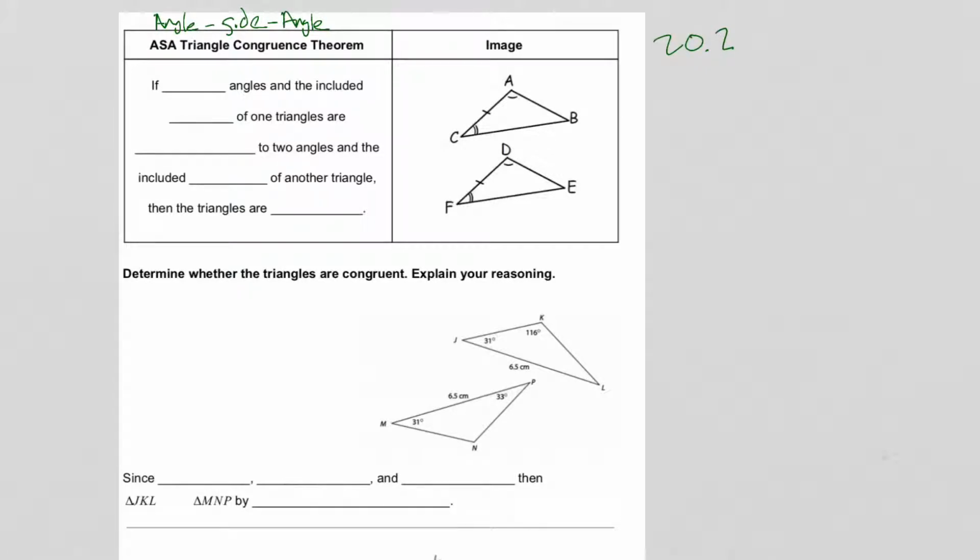And what that means is that if two angles and the included side of one triangle are congruent to two angles and the included side of another triangle, then the triangles are also congruent.